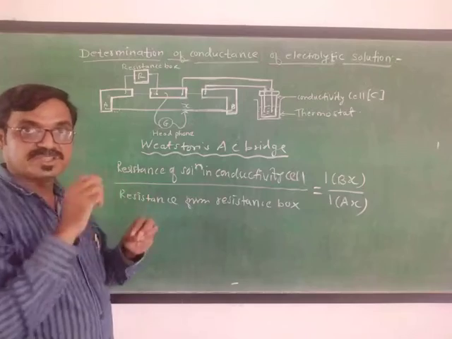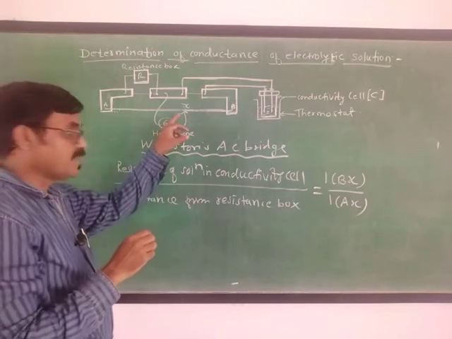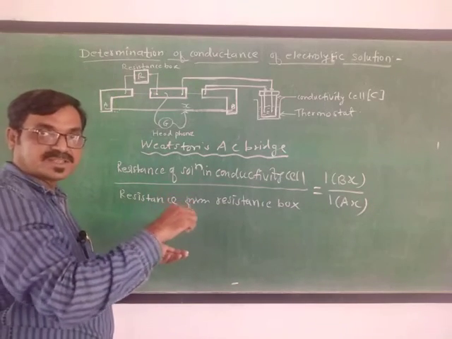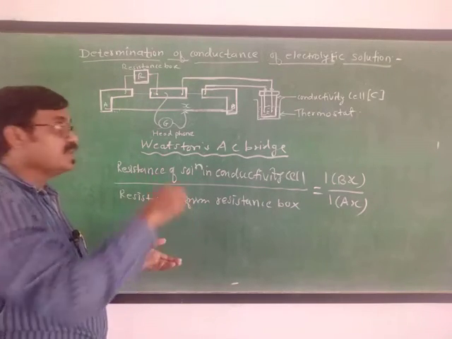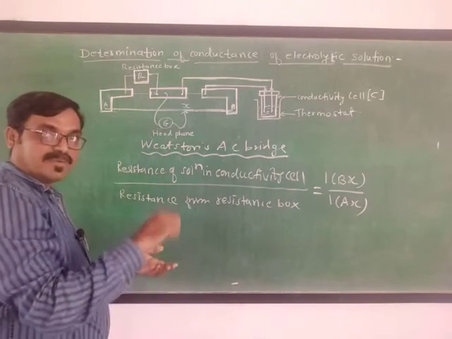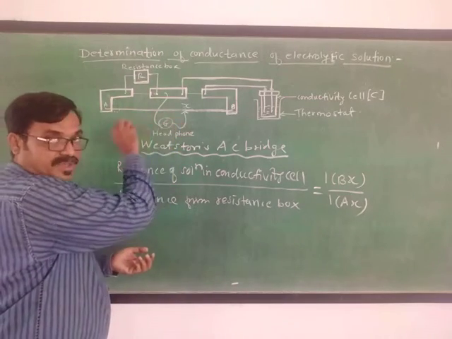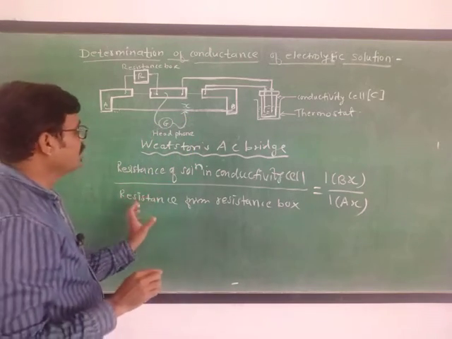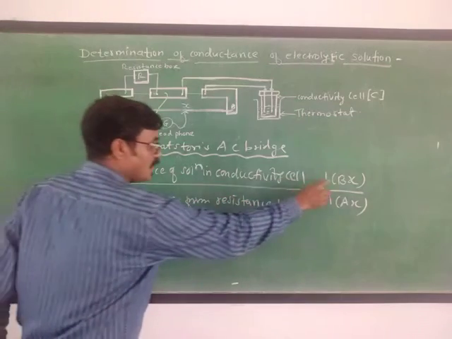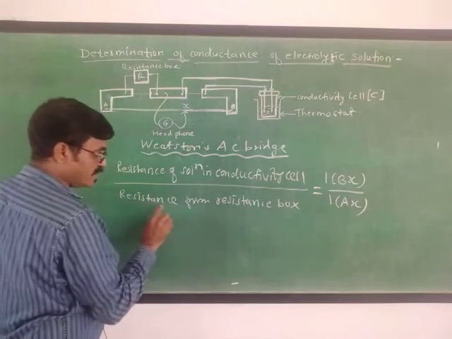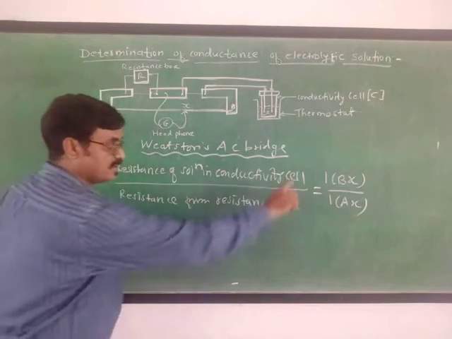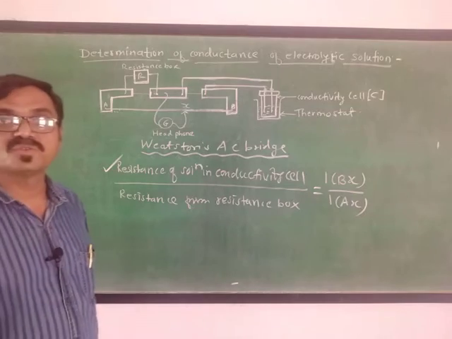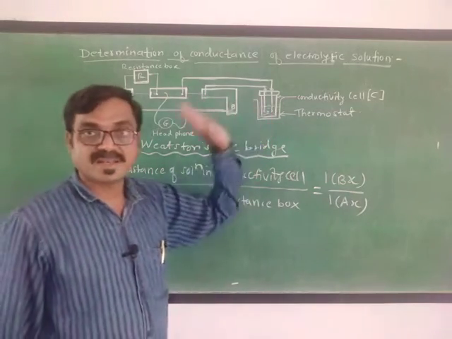This removed resistance value is known to you because there are various keys of resistance in this resistance box. Remove them one by one and adjust so that with the sliding jockey there is a minimum sound. You know the resistance from the resistance box, you know length BX, you know length AX. All these three values are known. You are able to find out the resistance of solution in the conductivity cell.